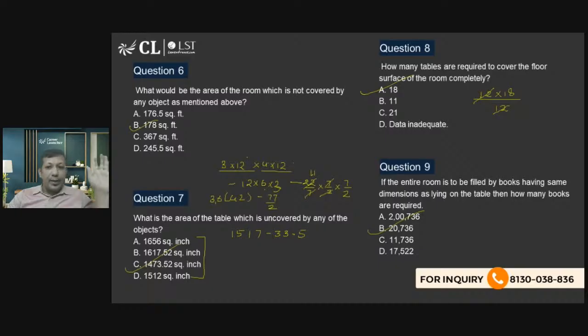If you are very quick on approximation, then I would say question number 9 is very easy. If you are not very quick on calculation, then I will agree with you that getting it calculated is not a very good idea. It is going to take a lot of time.